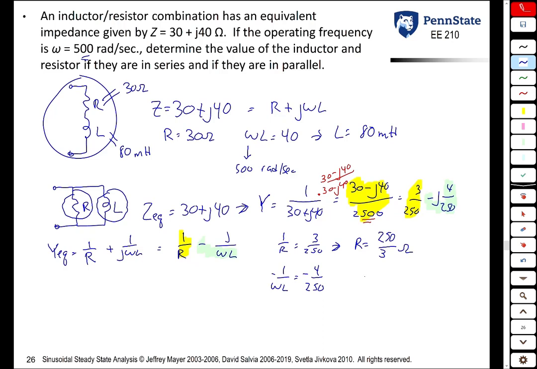Solving for L, we get L equal to 250 over 4 omega, or 125 millihenry. So in this case, R is 250 over 3 ohms, and L is 125 millihenry.